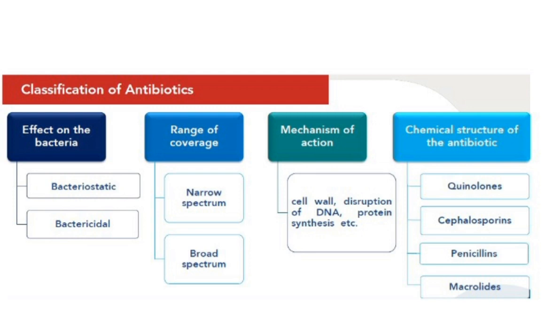But we have the range of coverage, and we also have two classes, that is narrow spectrum antibiotics and broad spectrum antibiotics. Narrow spectrum antibiotics are active against a selected group of bacterial types.